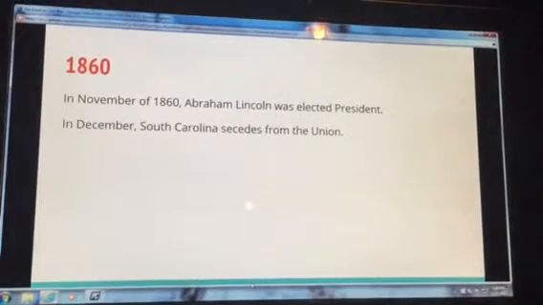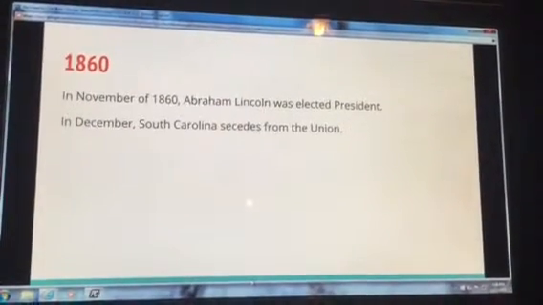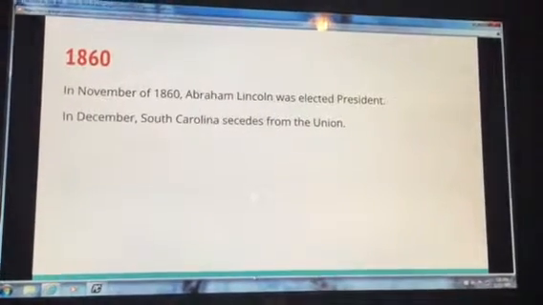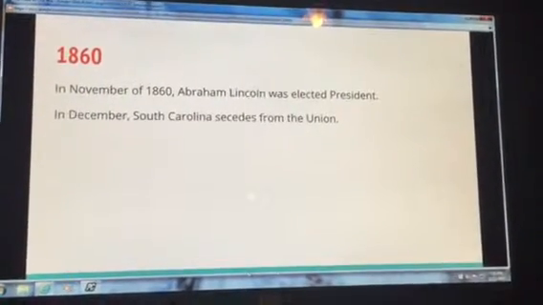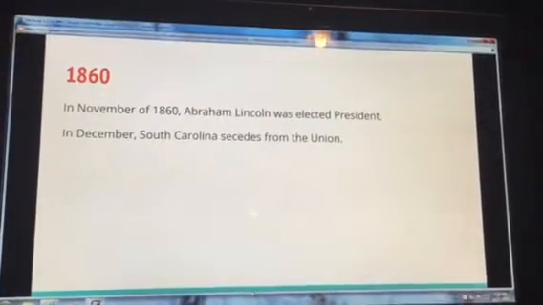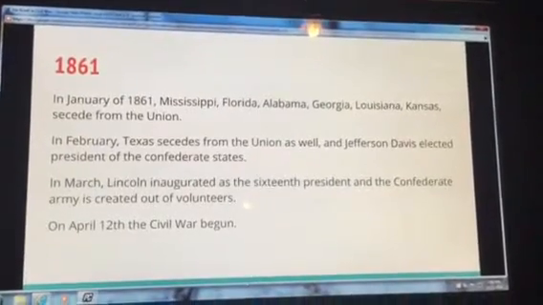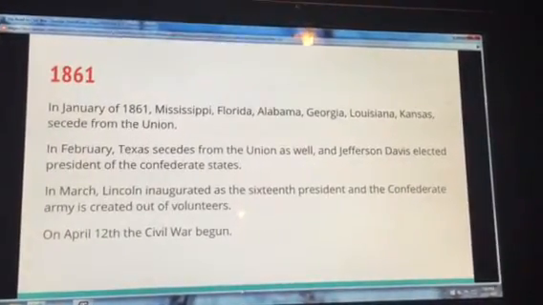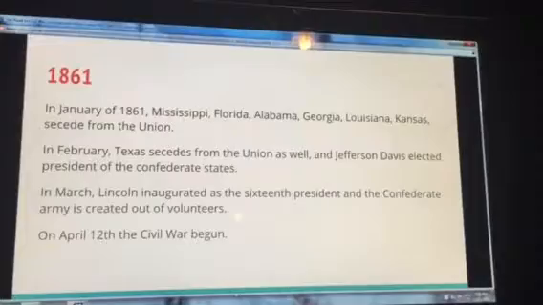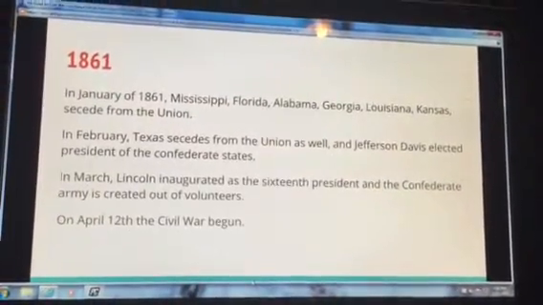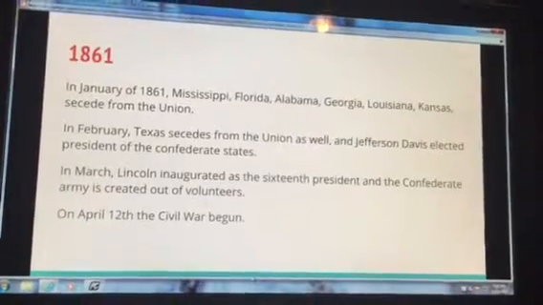In November of 1860, Abraham Lincoln was elected president. In December, South Carolina seceded from the Union. In January of 1861, Mississippi, Florida, Alabama, Georgia, Louisiana, and Kansas seceded from the Union.